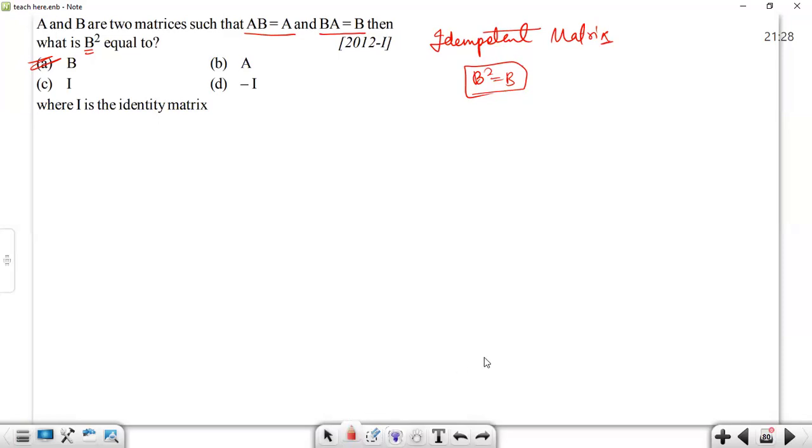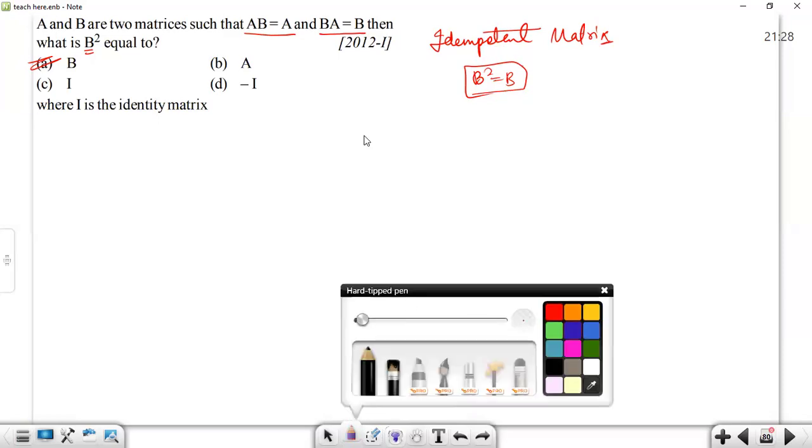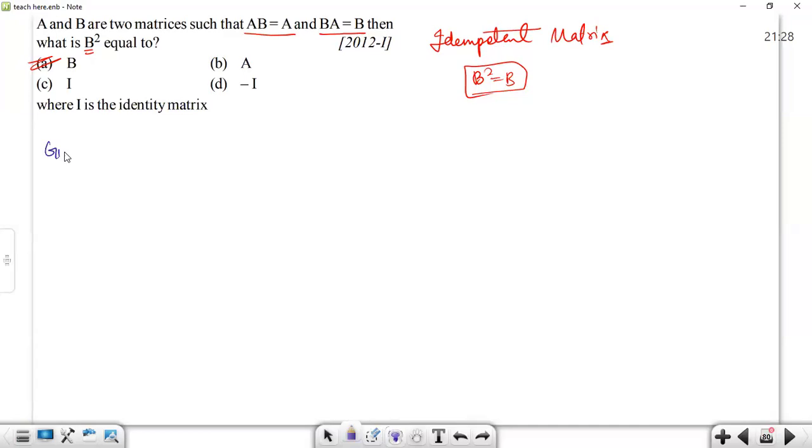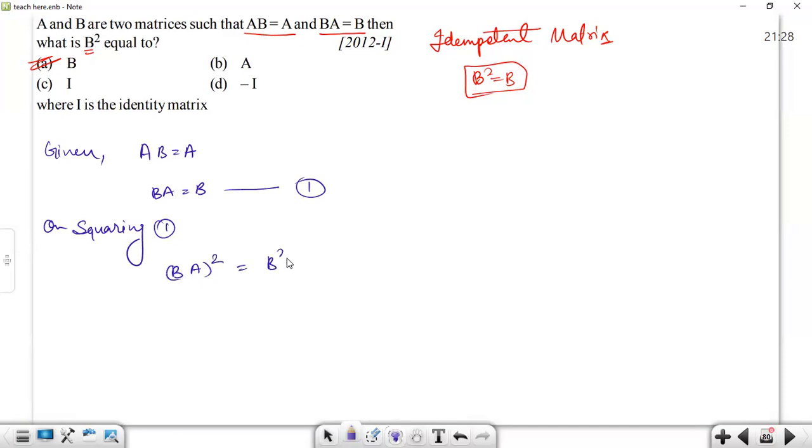Let's use one more method. It is given to us that AB is equal to A and BA is equal to B. So let's now square the first equation. This becomes BA square, and B square.